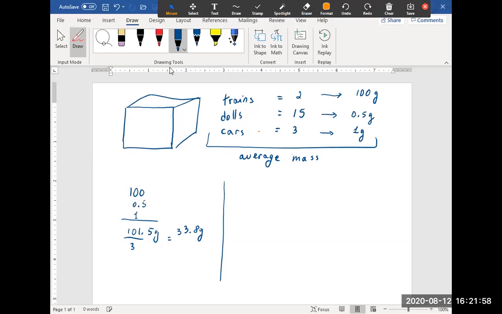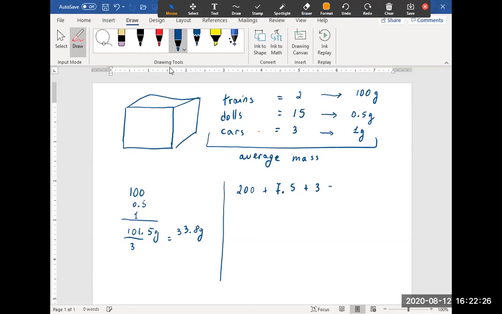Now, in this case, instead, what happens? I have 2 trains, so I have a 200 grams of a train. I also have 15 of those 0.5 grams. I have a 7.5 grams coming from here. And I also have a 3 grams coming from here.